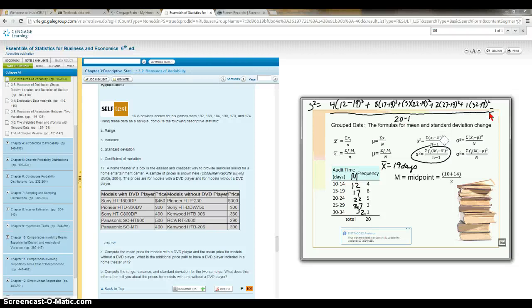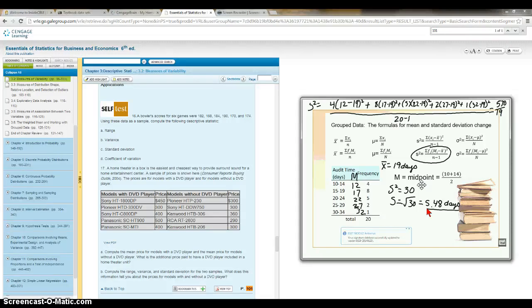So if you're double checking, you should get 570 divided by 19, for a variance of 30. So for a variance of 30, what would be my standard deviation? So 5.48 days. Okay?